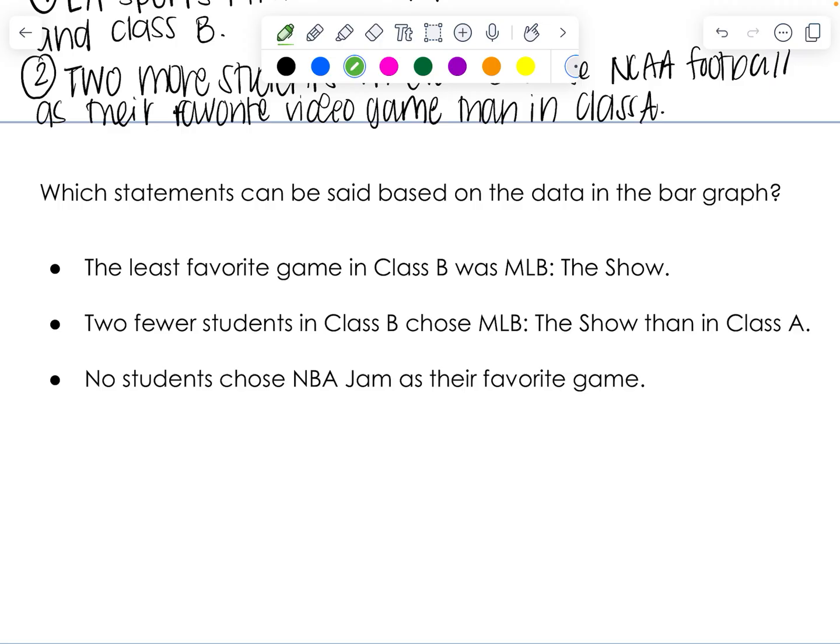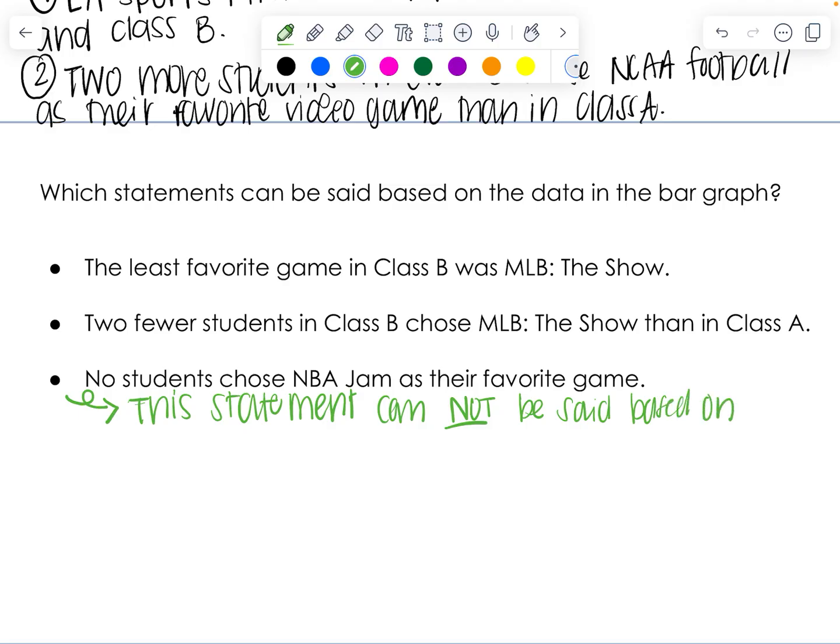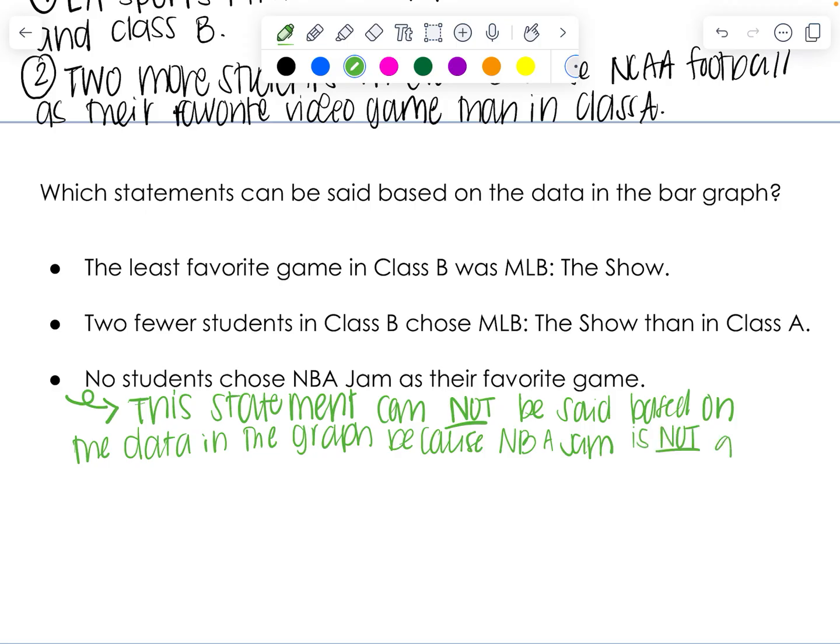So for the statement that no students chose NBA Jam as their favorite game, I can say that this cannot be said based on the data in the graph, because NBA Jam is not a category.